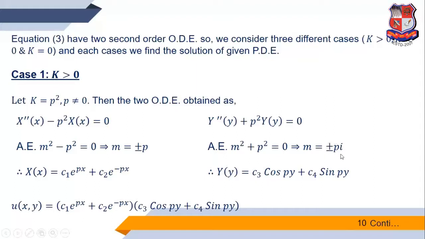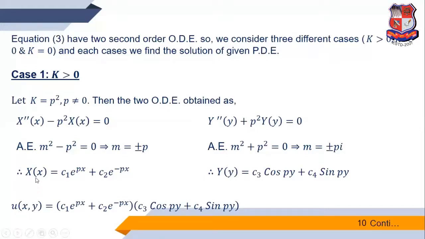Now this is the complex root. For a complex root, we know the solution form is Y of y is equal to c3 cos py plus c4 sin py, because here the real part is 0 and the imaginary part is p. So directly we write c3 cos py plus c4 sin py.